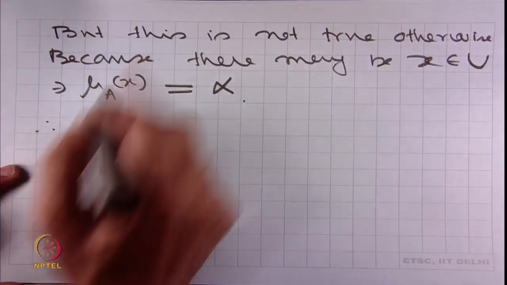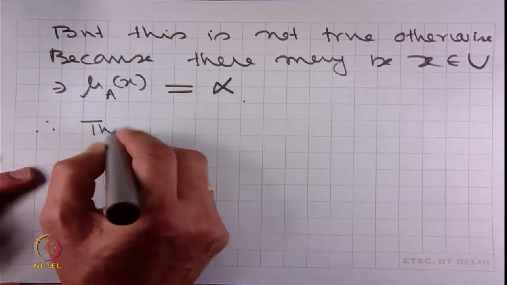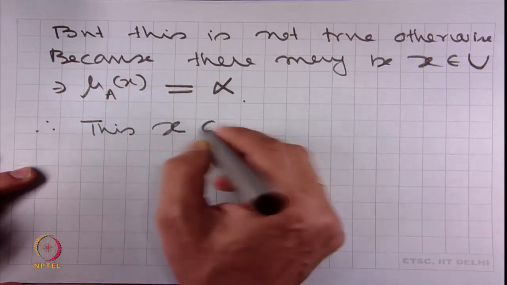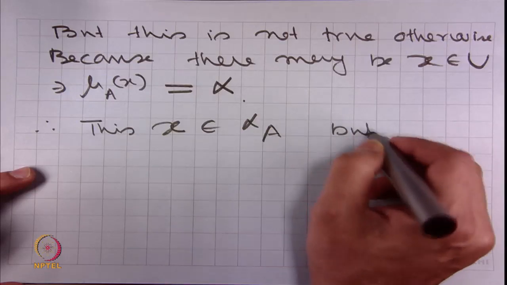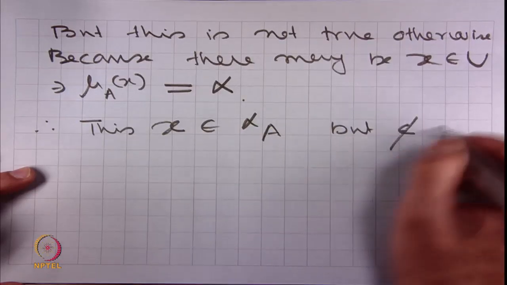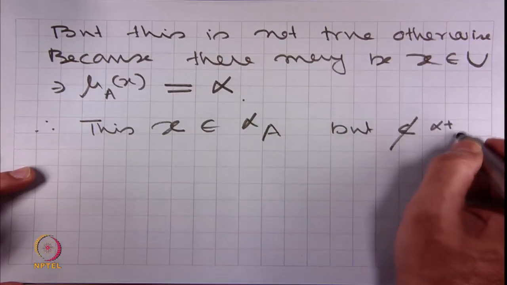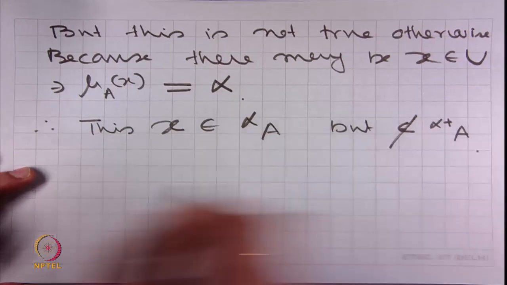Therefore, this x belongs to alpha cut of A, but does not belong to alpha plus of A.